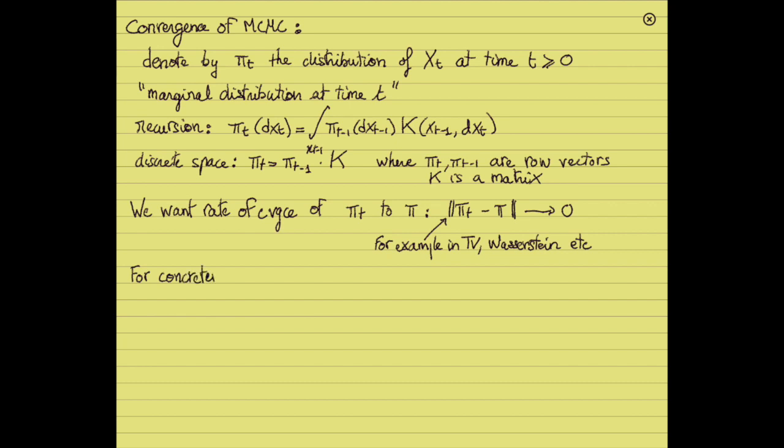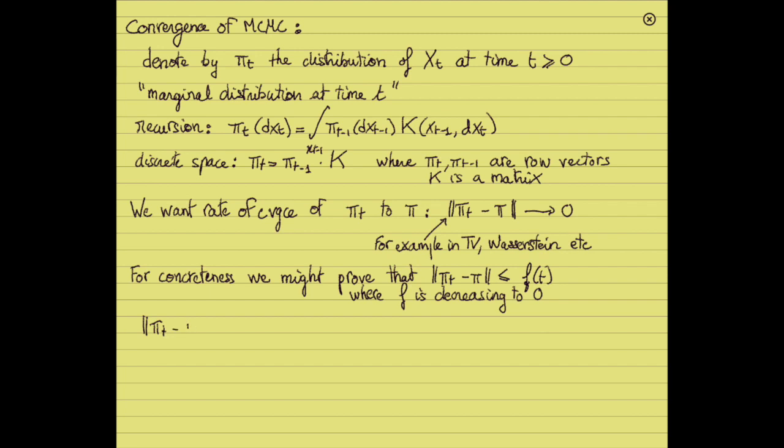So to be more explicit about what is meant by a rate of convergence, for concreteness, we might prove, for example, that the distance between pi t and pi is less than a function f of t, where f is a decreasing function, so that f of t goes to 0 as t goes to infinity. And then f of t can be called the rate of convergence.